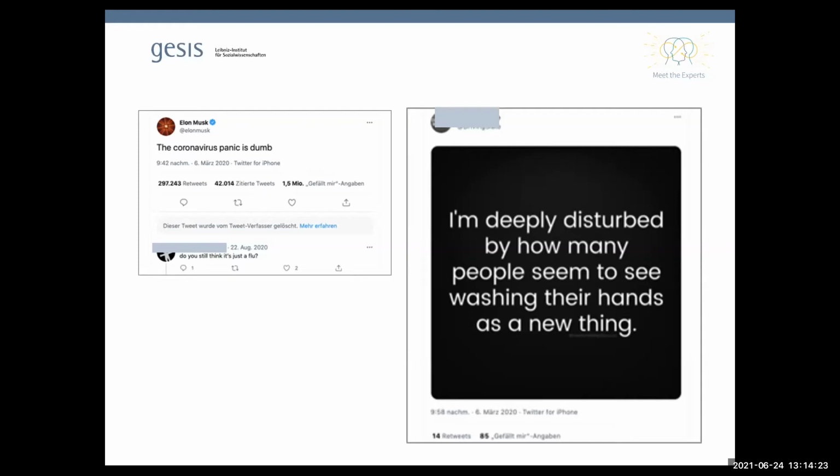And this includes also cases like on the left side from public figures or people of a more general public interest, like in this case Elon Musk, who back in March 2020 wasn't really believing in the coronavirus as a serious thing. So his tweet reads, "The coronavirus panic is dumb." And we have another person reacting to that in August, so a few months later, questioning if that's still the opinion here.